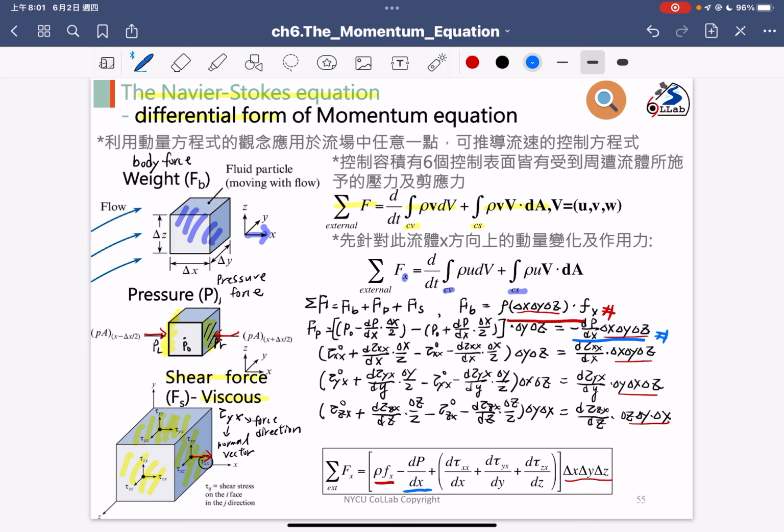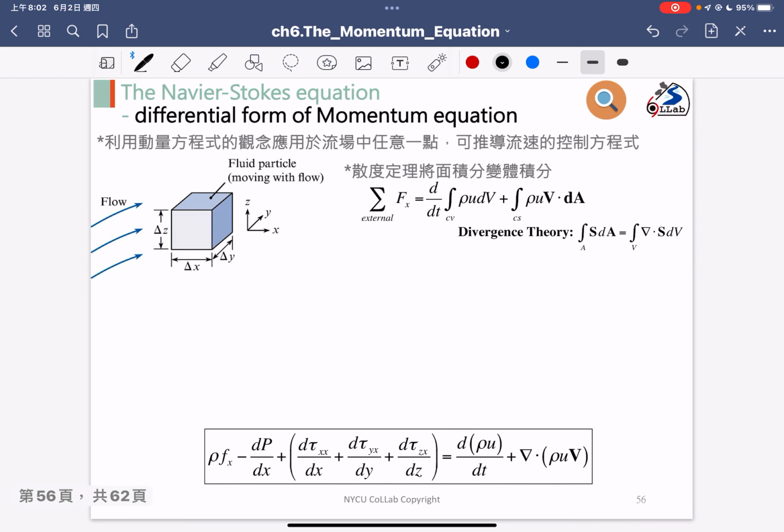And the most important thing, the pressure force here is negative, so you can see the minus sign here. And we have three items associated with the shear stress, so this will equal d tau x x, d tau y x, and d tau z x. Okay, so we just combine all of the items together here. This slide just summarizes all the force contributed by the shear stress, the body force, and the pressure force.